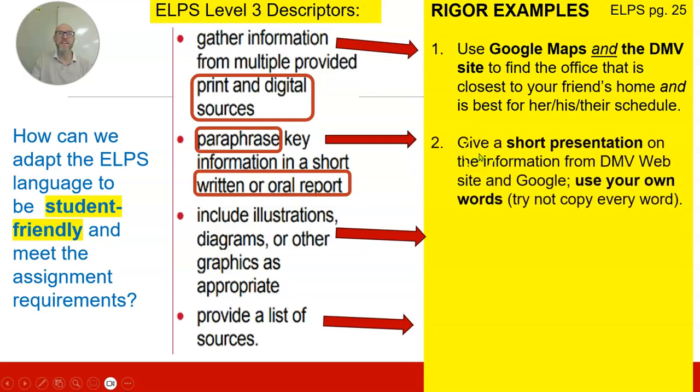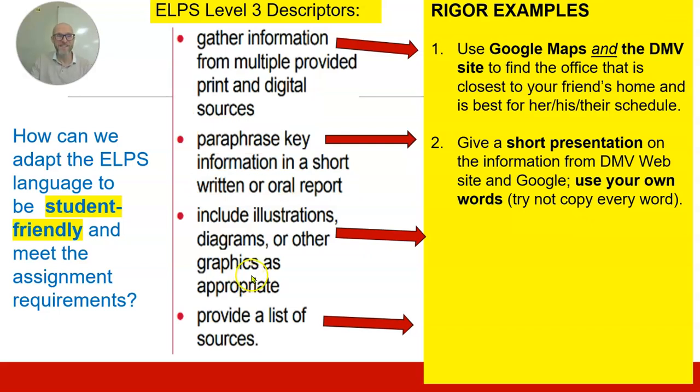We came up with give a short presentation on the information from the DMV website and Google. Use your own words. So instead of saying paraphrase, we have use your own words. Instead of written or oral report, we said short presentation.